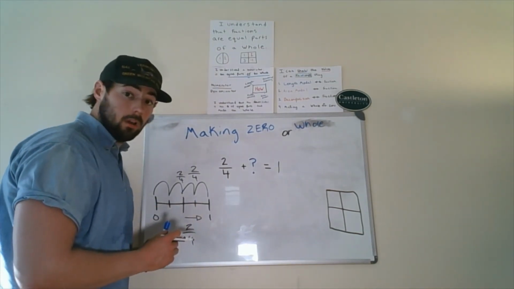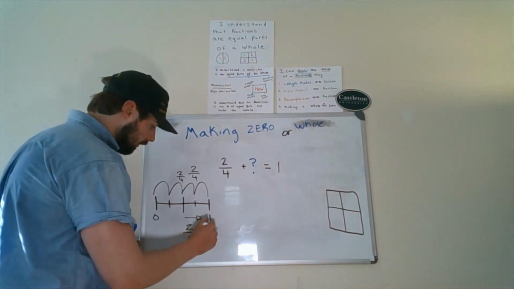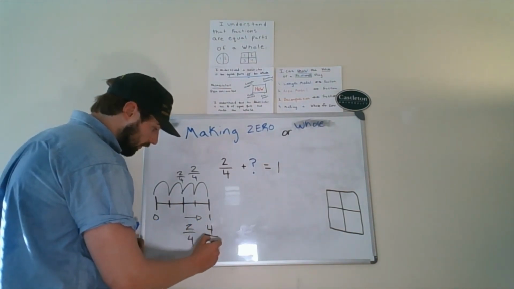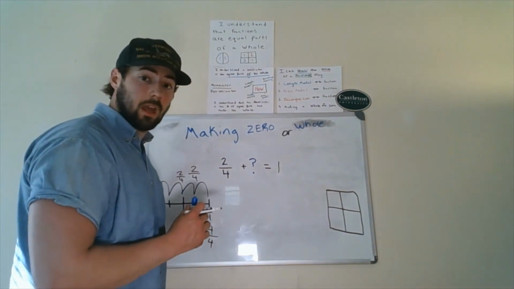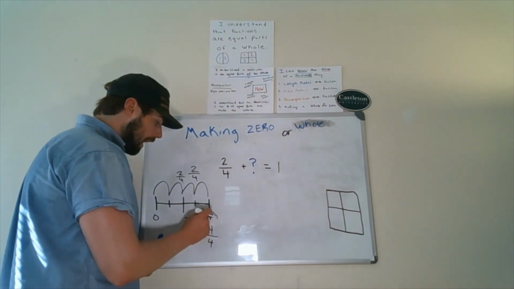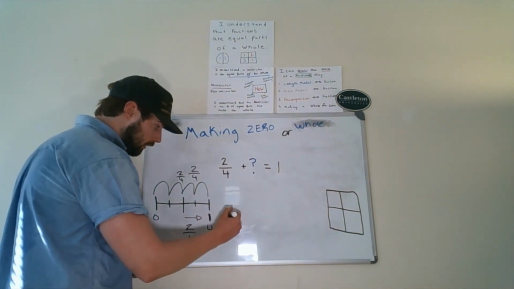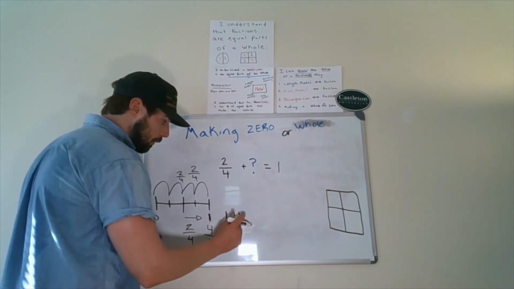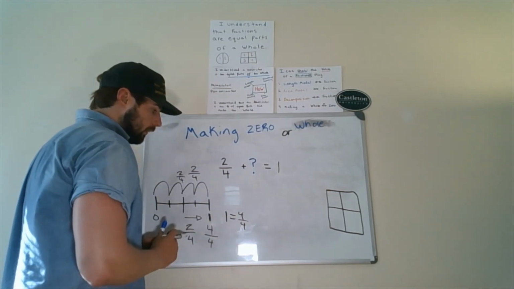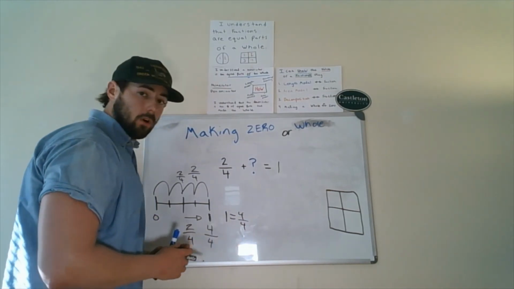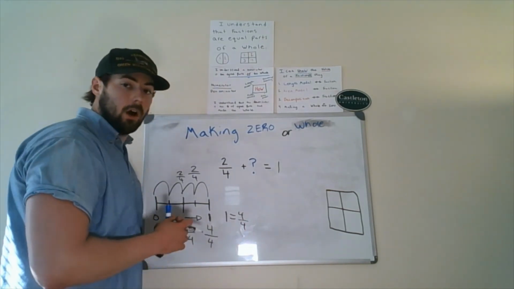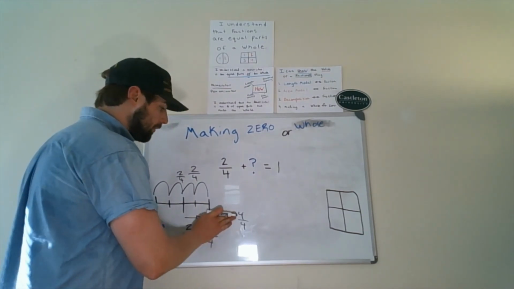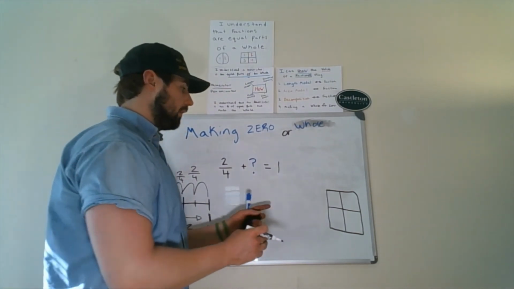Our whole is 4/4. It's really important that we understand that. It's not only a 1, or 1 whole, 4 equal parts of 4/4 that make the whole equal a whole.